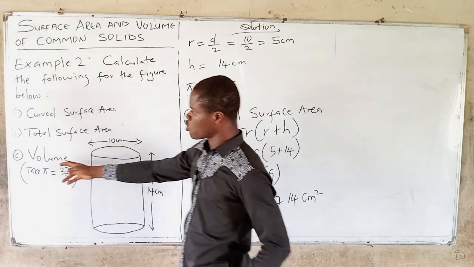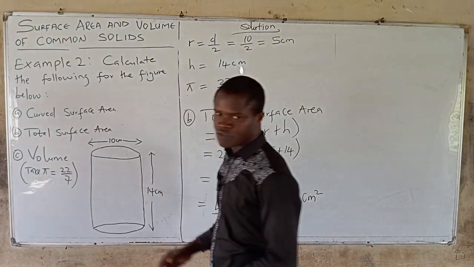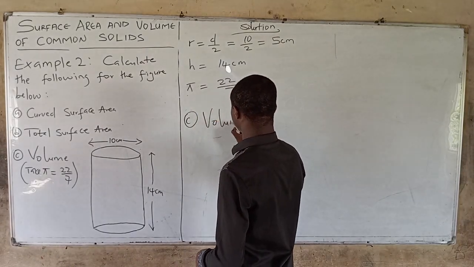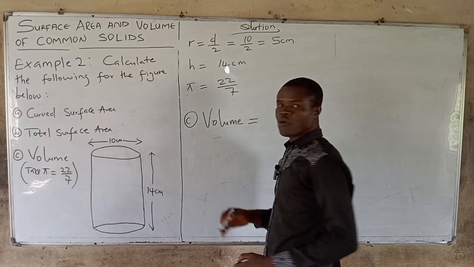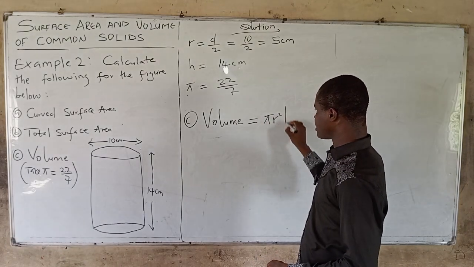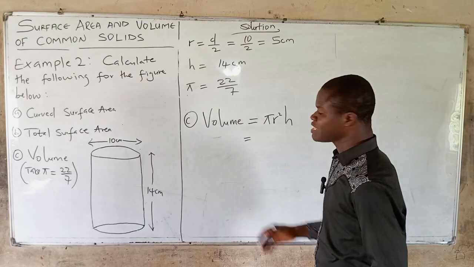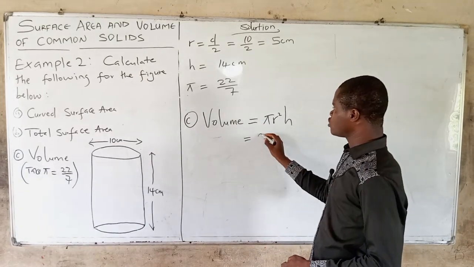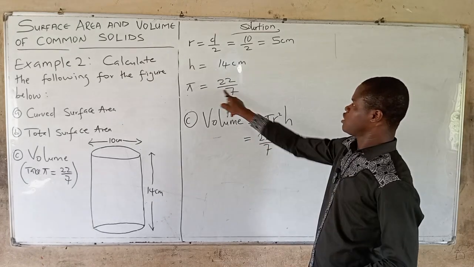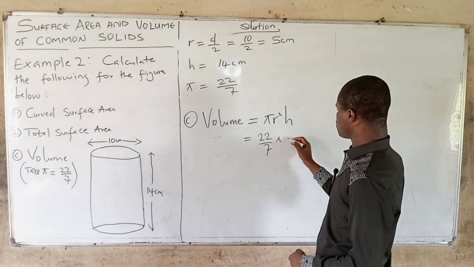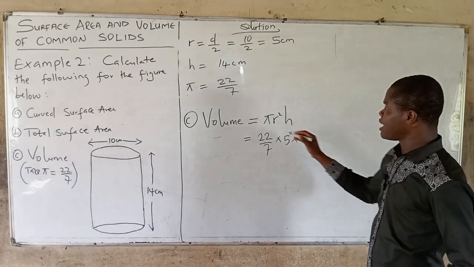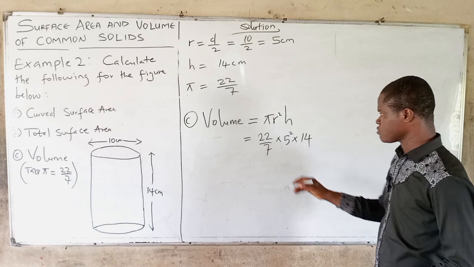Then lastly on this question, we're asked to calculate the volume of this cylinder. Volume, formula for volume of the cylinder, remember, is given as base area times height. So let's apply the formula appropriately. It becomes 22 over 7 for pi times radius is what? 5, then introduce your square, times the height is what? 14.